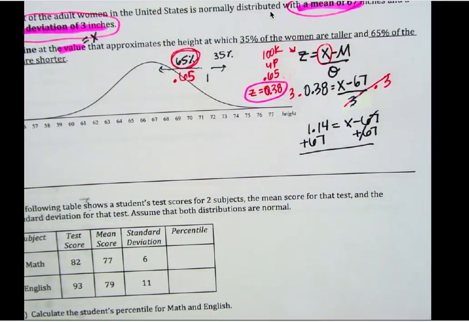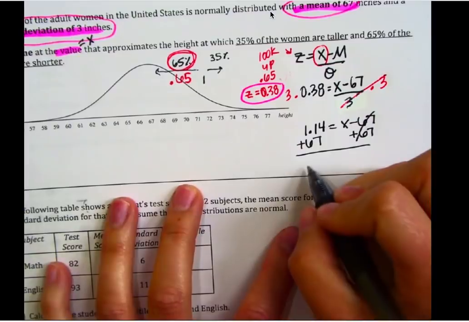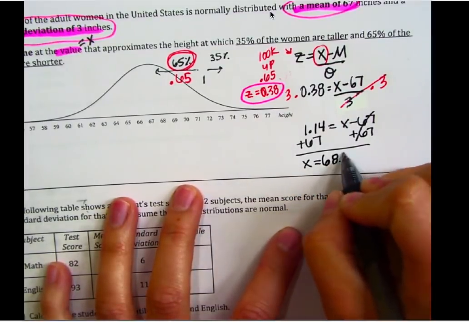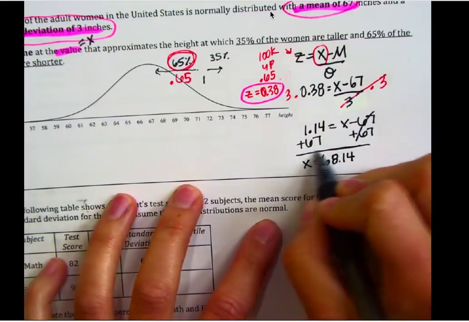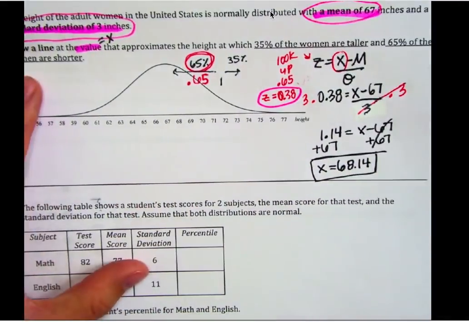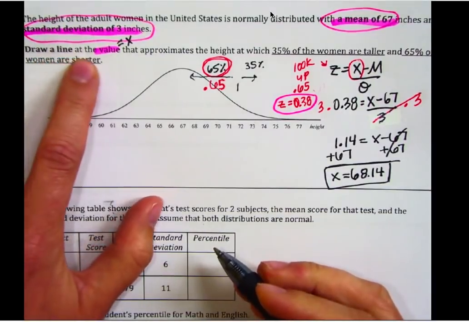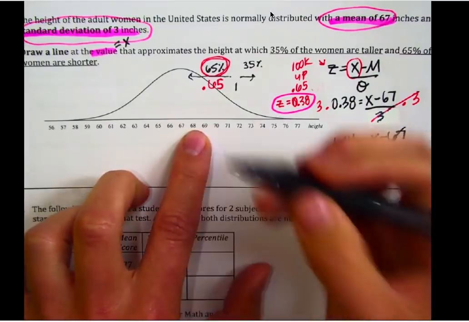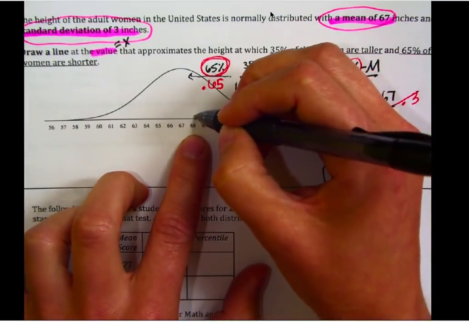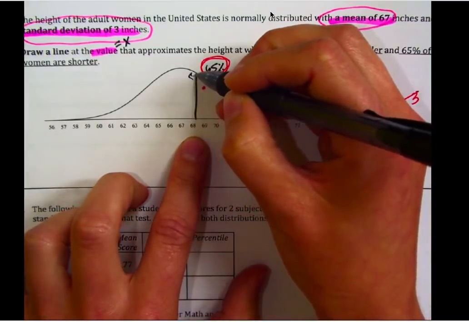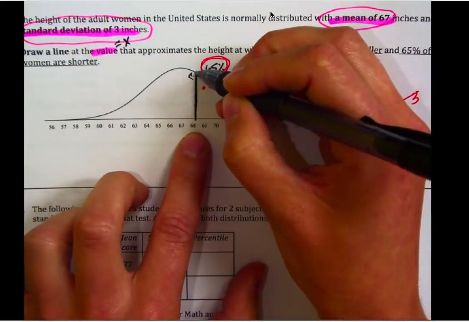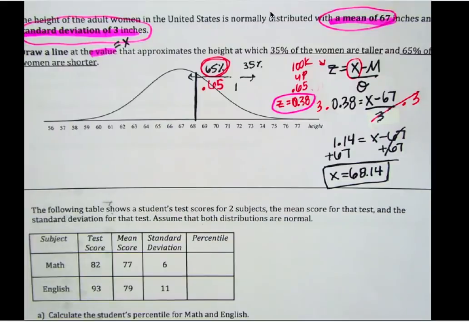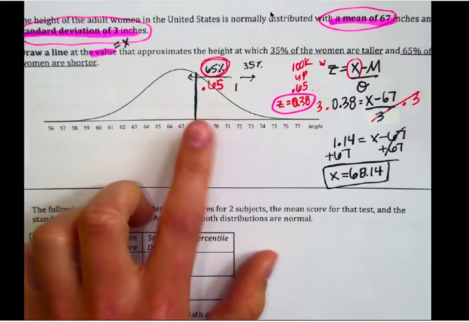So 1.14 plus 67 gives me a value of 68.14. So that is going to be the value we're looking for, but they want us to draw a line at the value. So here's 68, so 68.14 is going to be pretty close to 68, but a little bit above. Okay, so that would be our answer for that.